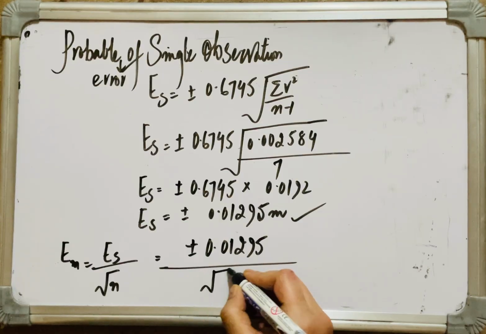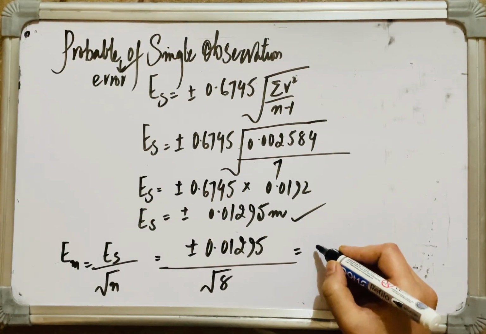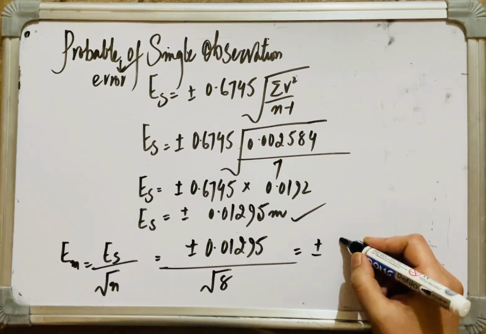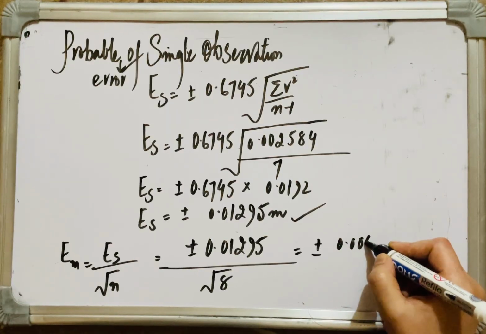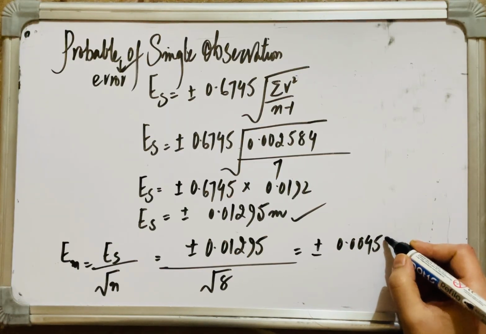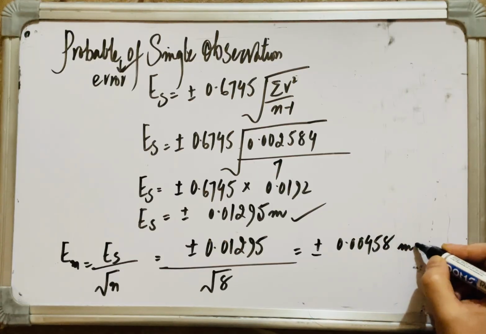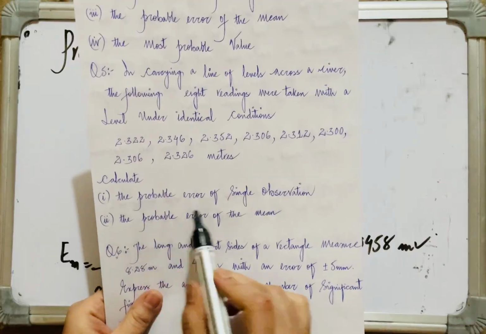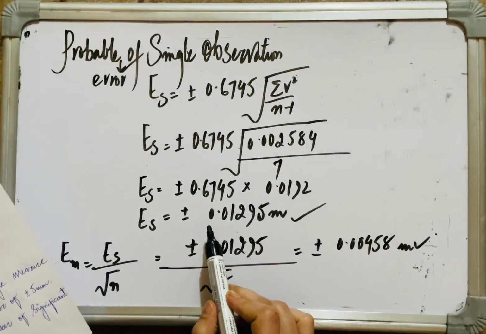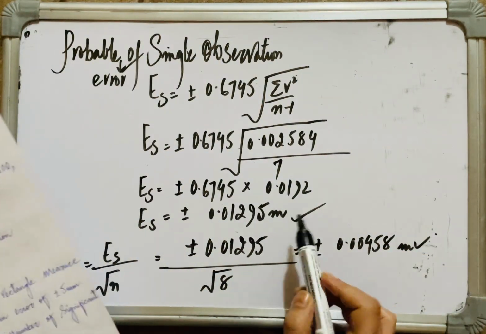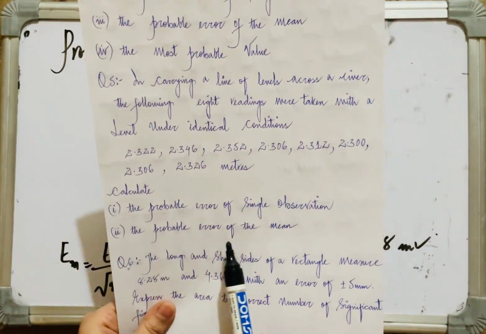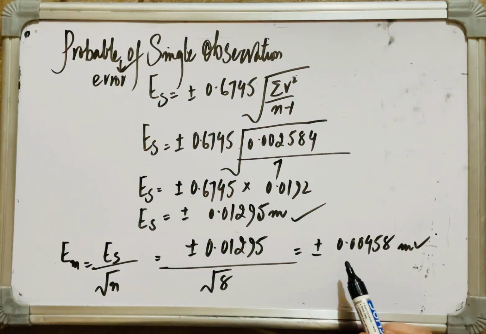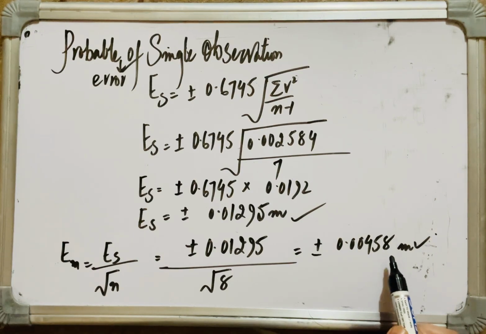So by calculation, this is equal to plus minus 0.00458 meters. So I completed both the parts of the question. The probable error of the single observation came to 0.01295 meters, and the probable error of the mean came to plus minus 0.00458 meters.